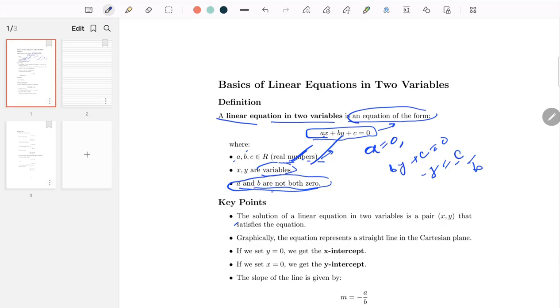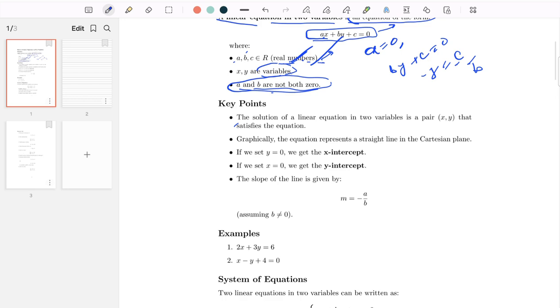Now we come to some points. The solution of a linear equation in two variables is a pair x, y that satisfies the equation. So the solution of ax plus by plus c equal to 0 is written as x and y, and if this is the solution, then it should satisfy the equation.